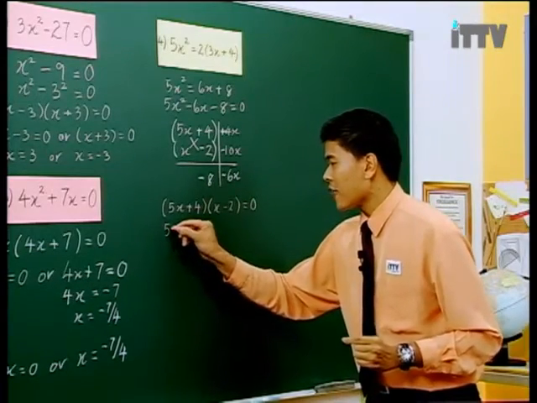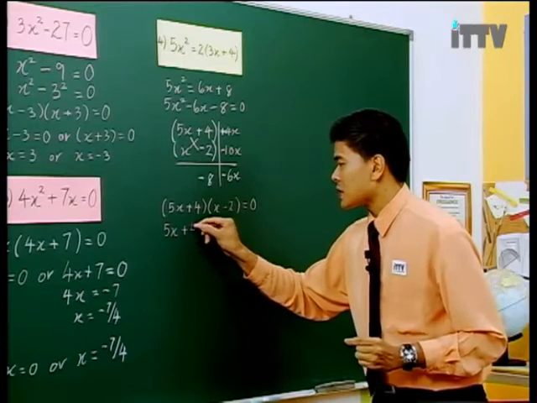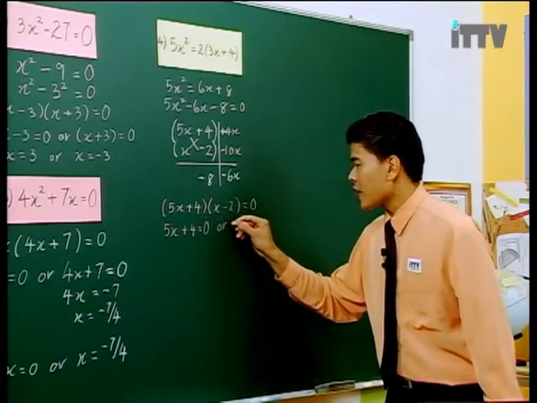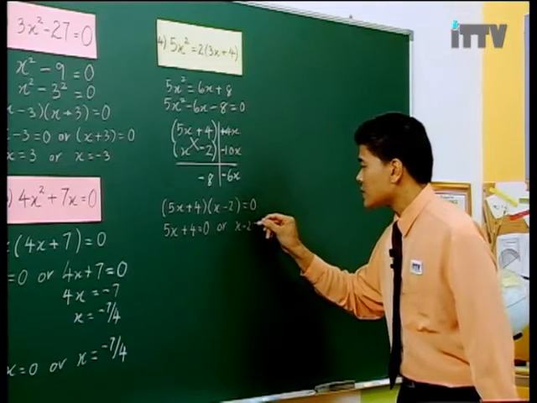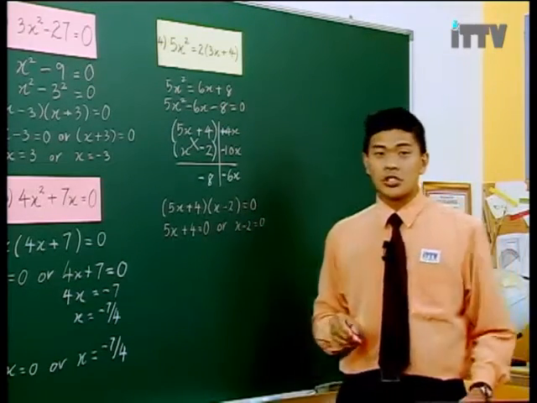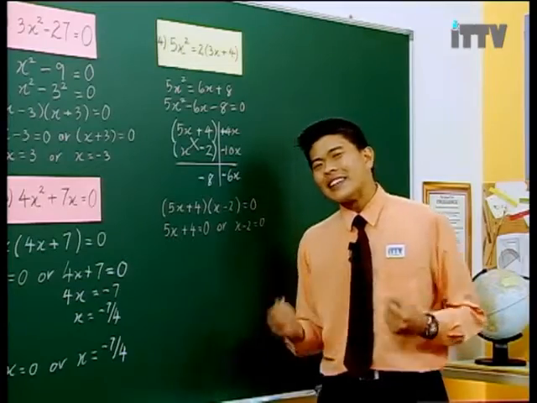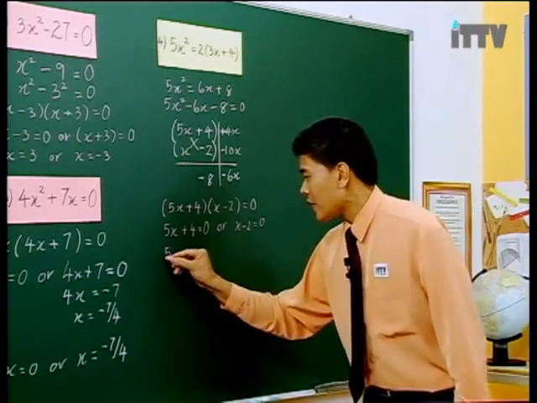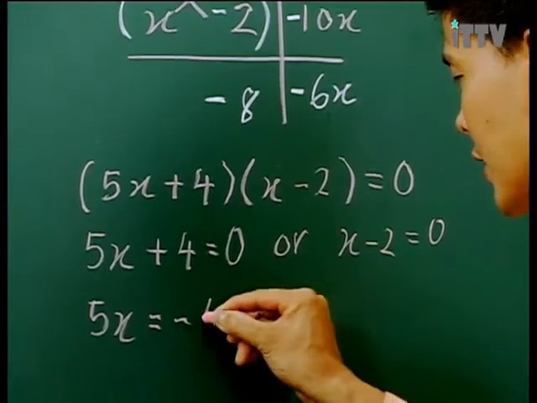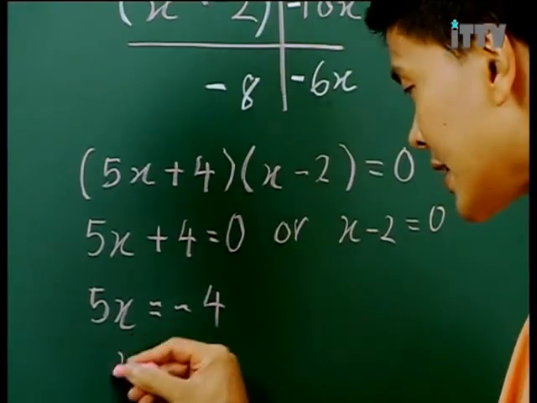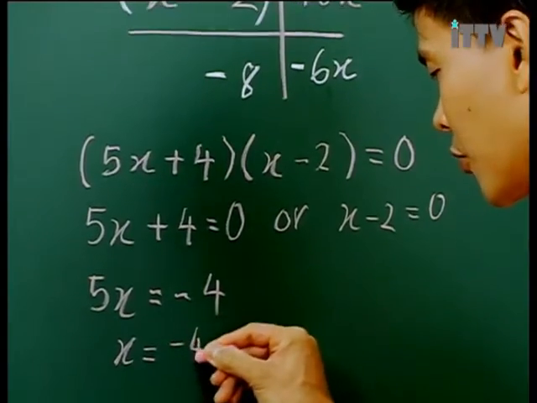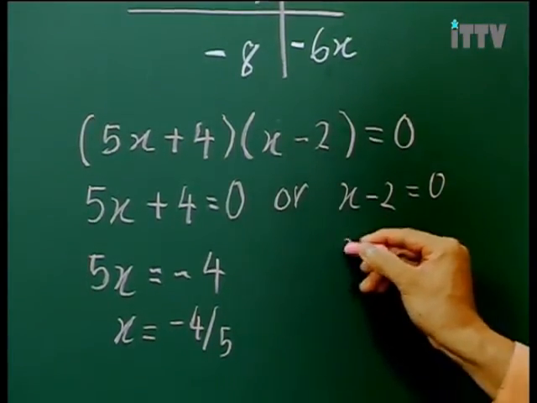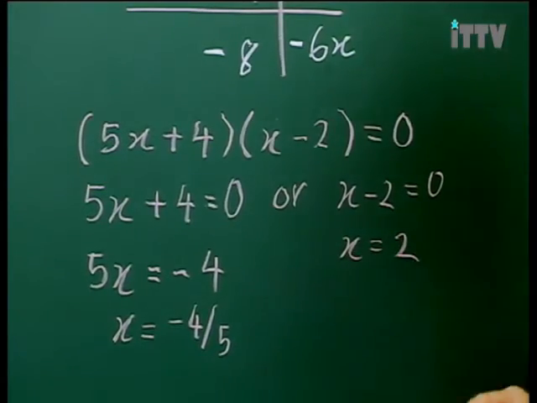So from the left factor, 5x plus 4 equals 0, or from the right factor, x minus 2 equals 0. Lastly, determine the value or values of x. So 5x equals negative 4, and in this case x is negative 4 over 5, and in here x equals 2.